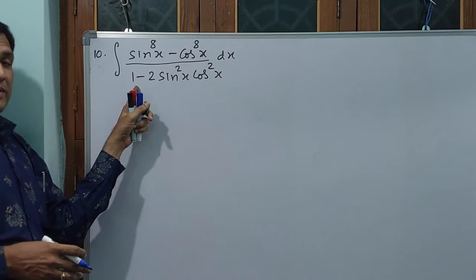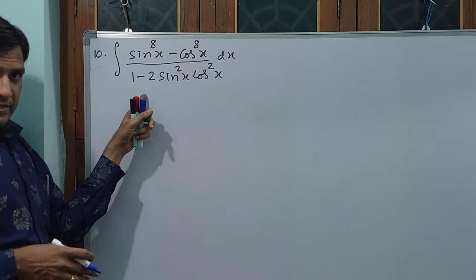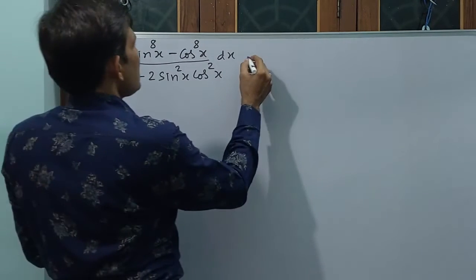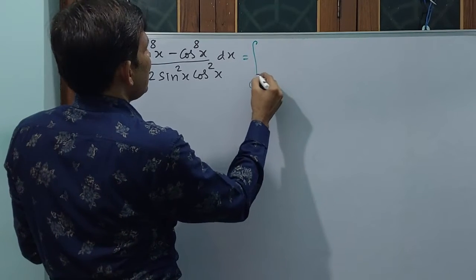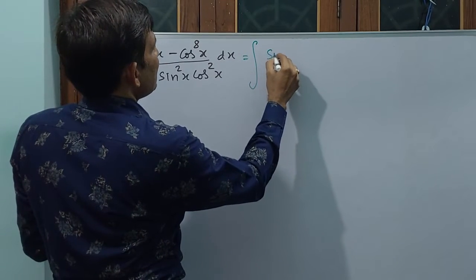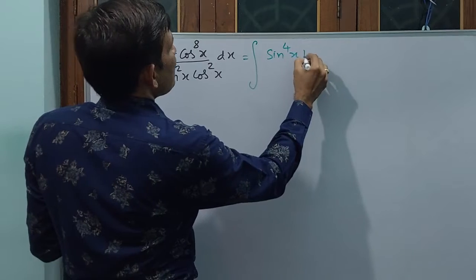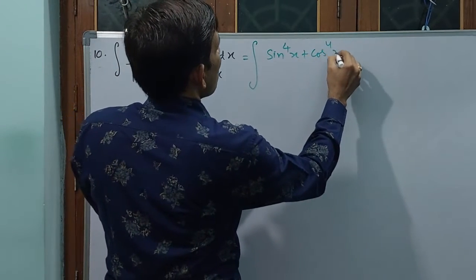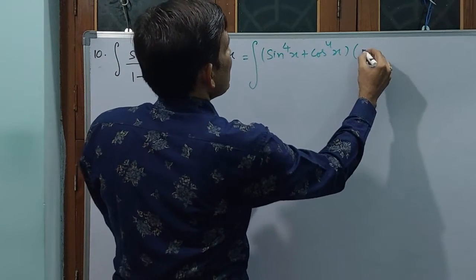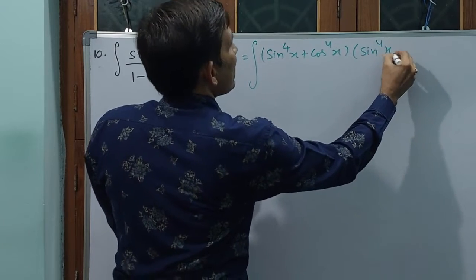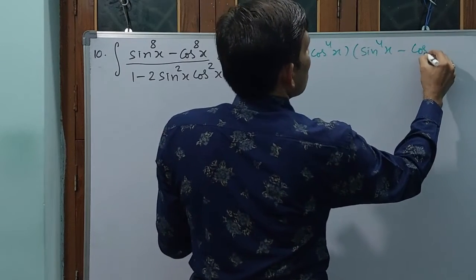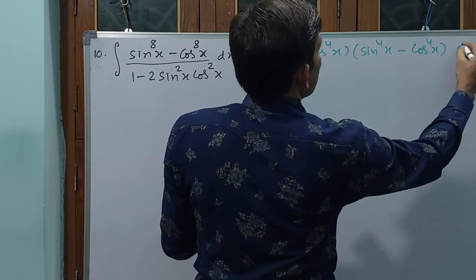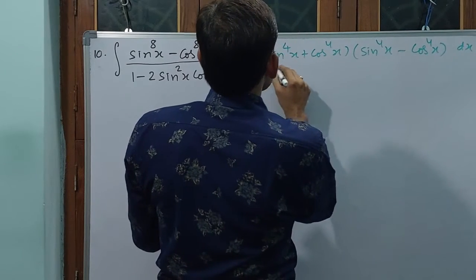Here 1 you replace with sin square x plus cos square x. Write down, that is equal to the integral of sin to the power of 4x plus cos to the power of 4x into sin to the power of 4x minus cos to the power of 4x, dx also you write.